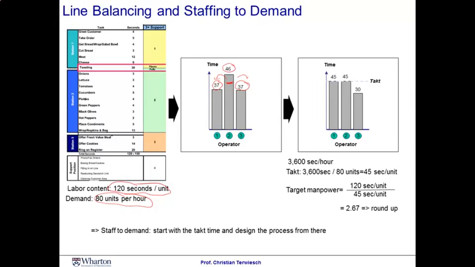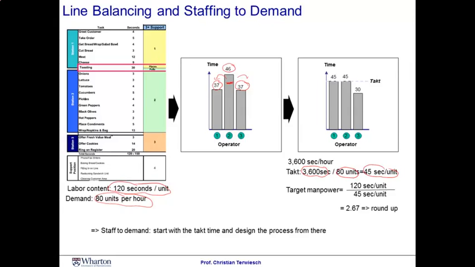A powerful way of doing this is by first reminding ourselves of the flow rate that this process has to operate under. This is the idea of takt time. Takt time determines that we have to produce a unit every 45 seconds to keep up with demand. After all, every hour, 3,600 seconds, we have to make 80 units.